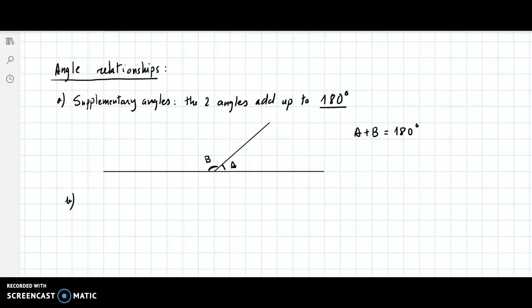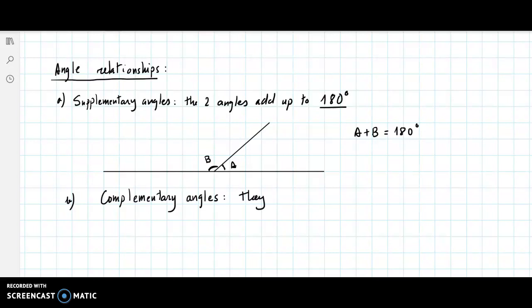Next one is complementary angles. Okay, let me write the word better. Complementary angles.